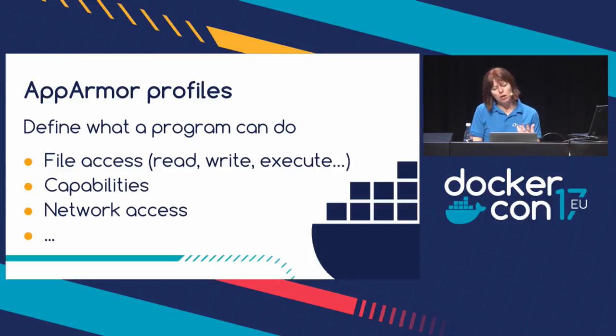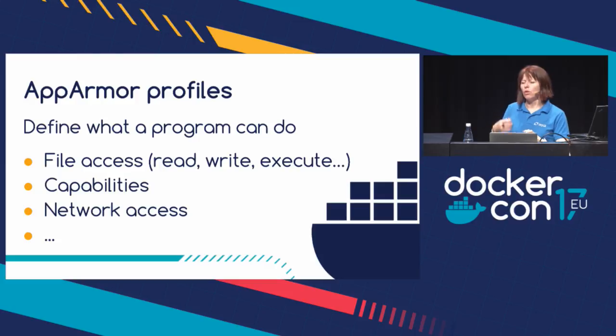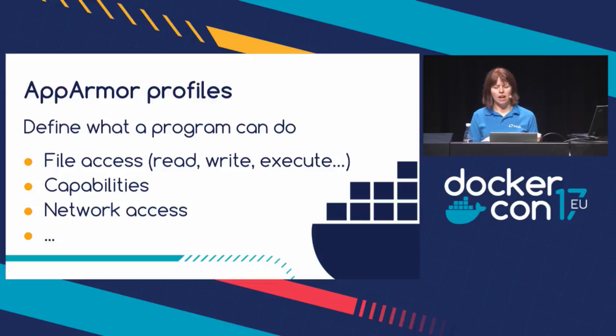And AppArmor profiles, rather than looking at the syscall level, look at what a program can do in terms of accessing files and which capabilities it's allowed to have, what sockets and network and mounts and all sorts of things like that. Interestingly, they're associated with a program at a particular file location rather than being associated with a process.